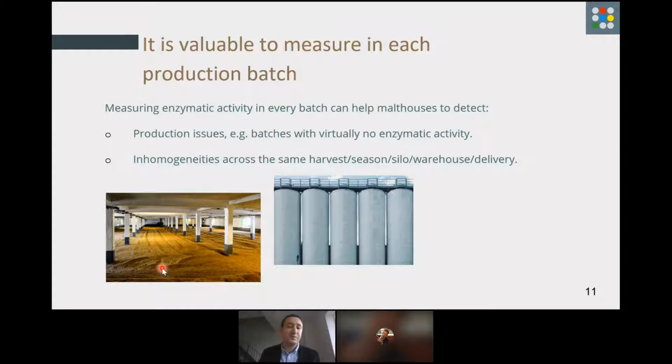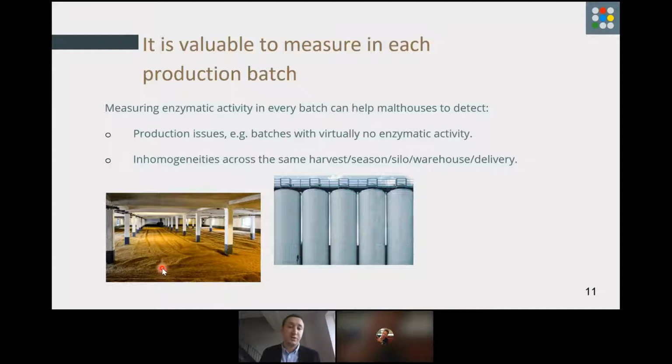Well, because like in everything else during malt production, there could be some issues happening. For instance, there could be a batch which has virtually no enzymatic activity, could be because of an excessive kilning or for different reasons.